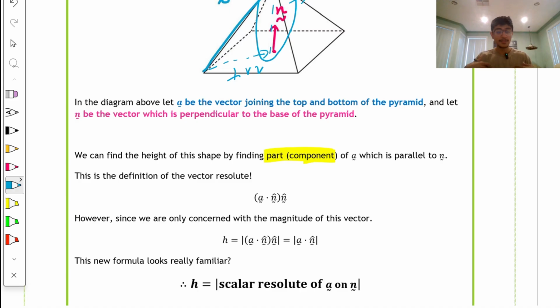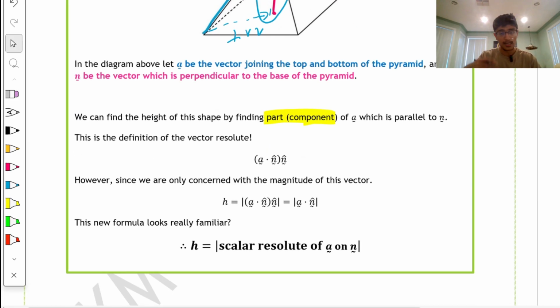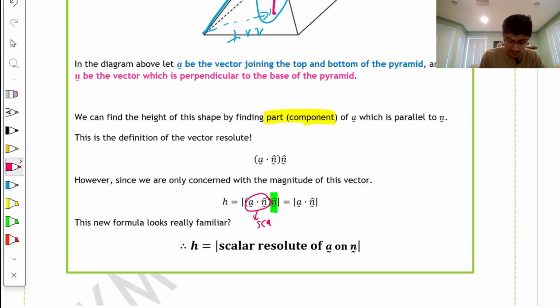So what I'm going to do is calculate the vector resolute, right? I just apply the formula A dot unit vector n times unit vector n. However, since we're only concerned with the magnitude of this vector, you just put your modulus sign, which indicates magnitude. And what you'll realize here is I have a scalar quantity. This, by the way, is the scalar resolute. And then I've multiplied it by the unit vector n.